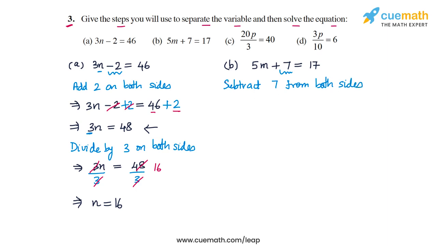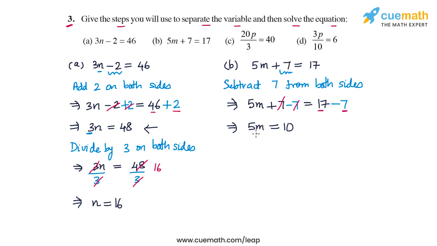Alright, let's do that. So the original LHS is 5m plus 7. The original RHS is 17. And now let's subtract 7 from both sides. So minus 7 and minus 7. Now these 7's cancel out and 17 minus 7 is 10. So we get the equation 5m equal to 10.